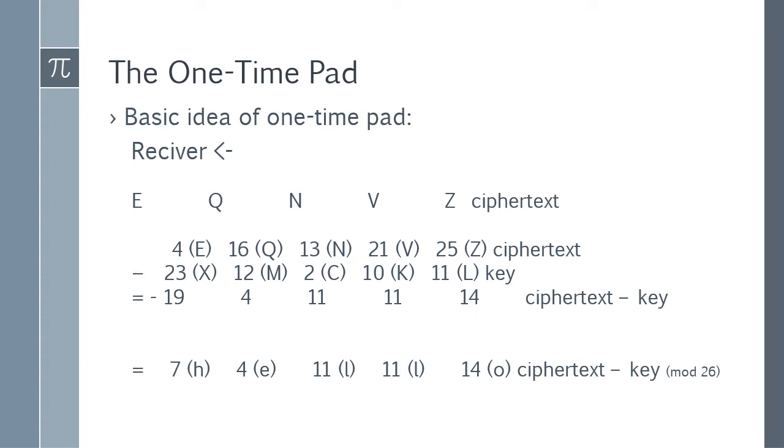To get rid of minus 19, or if we had gotten a 0, we add 26 to our negative or 0 number, and in our case we get 7. So minus 19 plus 26, we get 7, 4, 11, 11 and 14. And now using letters, it's HELLO, so we get hello.